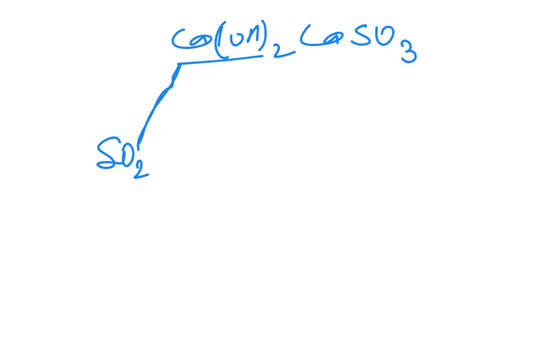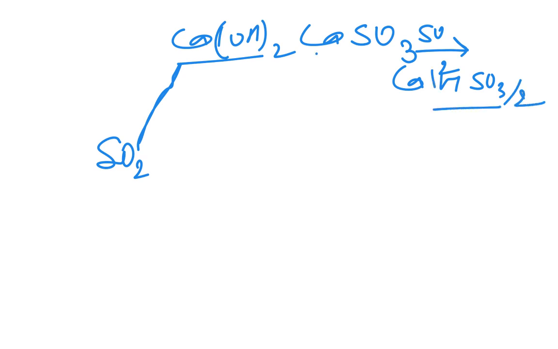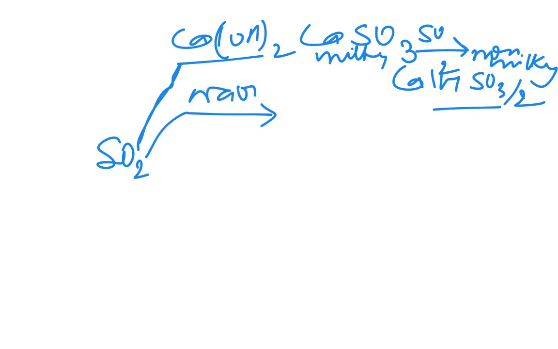It is milky in color, but if you take excess SO2, then you get Ca(HSO3)2, which is not milky, whereas this one is milky. Then it reacts with NaOH and forms Na2SO3 and water.